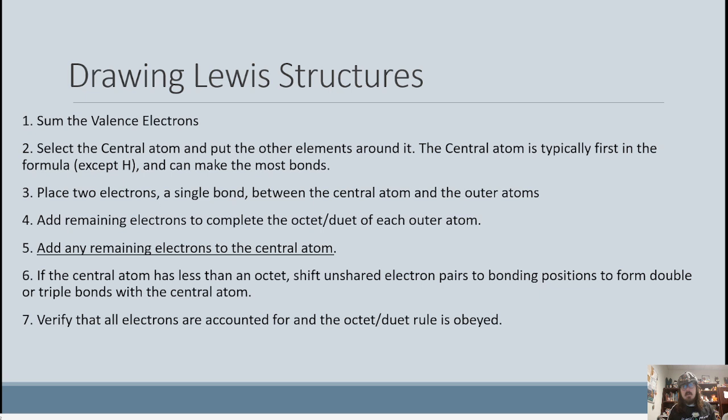We will shift the lone pair from one of the outer atoms into a bonding pair to the central atom. So if the oxygen has 3 lone pairs and the central atom does not have 8, we will shift one of the lone pairs down.